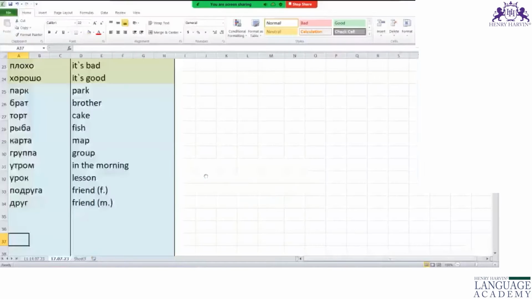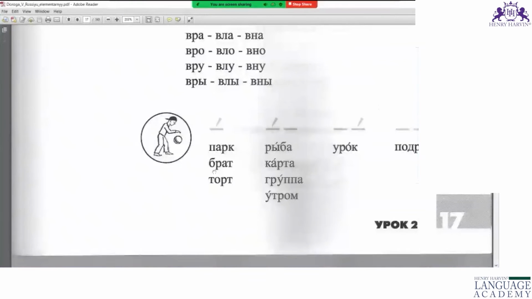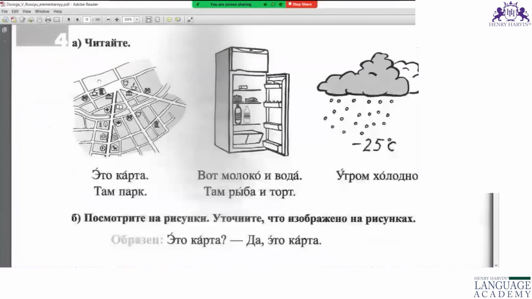Okay, so let's see. Here we have the pictures, right? Padma Priya, can you read under the first picture, please? Это карта, там парк. This is a map. The park is there. Okay, Vishal, it's your turn.